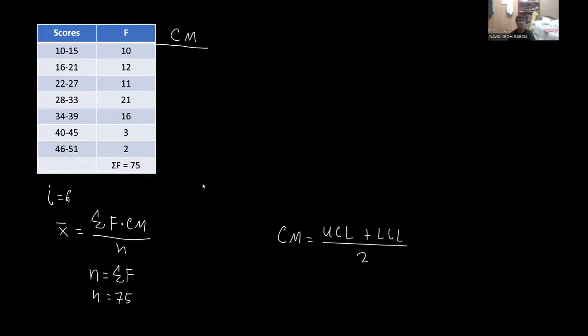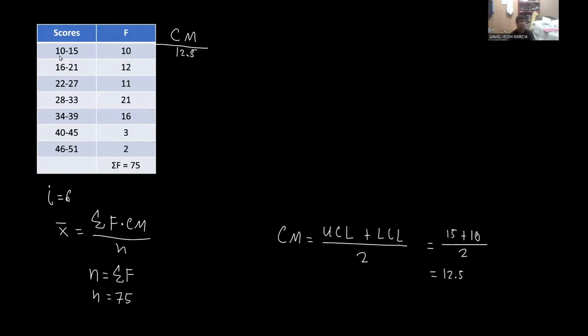So what is the class mark midpoint of the first interval, 10 to 15? Basically, my upper class limit 15 plus lower class limit 10, over 2. So you're going to have an exact value of 12.5.